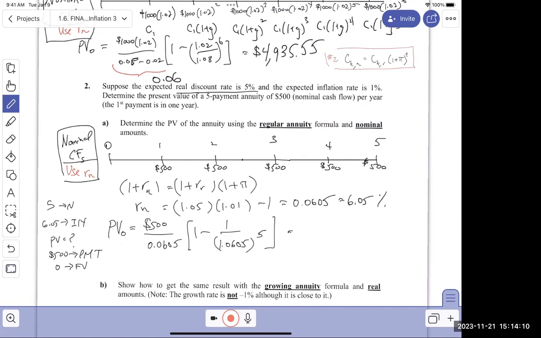And compute PV. And what do you get? 2,103 with 32 cents. Got the same answer. Okay, Joshua, thank you.